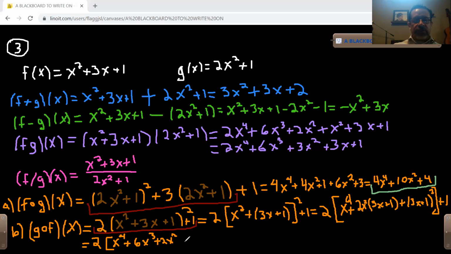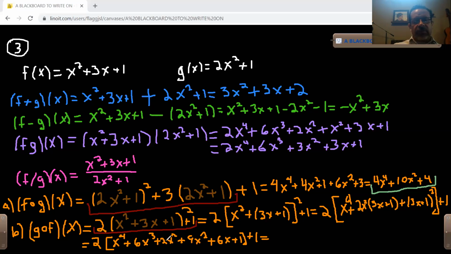And then we've got plus 3x elevated to the power of 2. It's going to be 9x squared. 2 times 3x plus 1 is going to be 6x. And 1 elevated to the power of 2 is 1. Plus 1. I noticed that because we didn't have an x to the 3, and that was a bit odd.